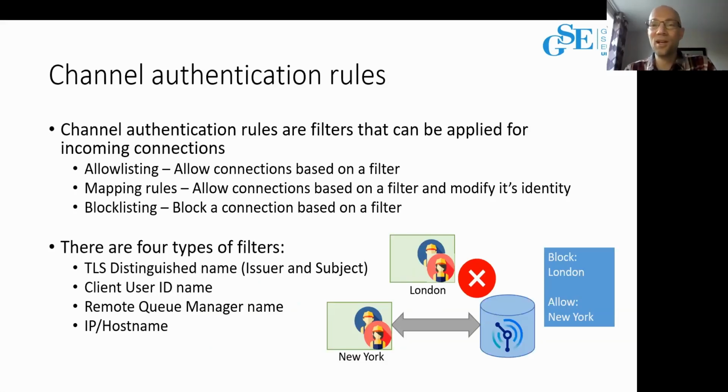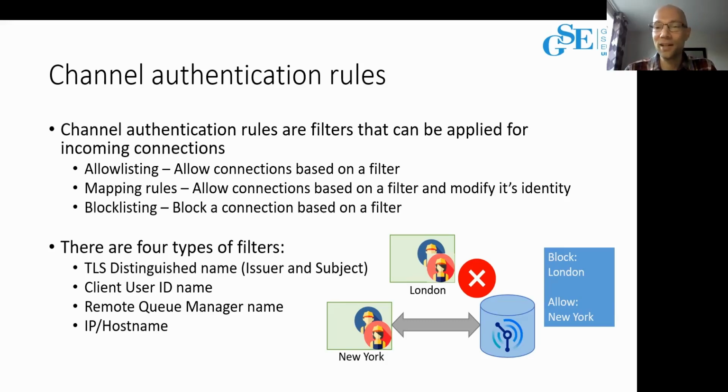Now, you also have other options to specify who is allowed or not to come into your queue manager based on all those various different forms of identity that I talked about earlier. And the way that you do this in MQ is by using what's known as channel authentication rules.